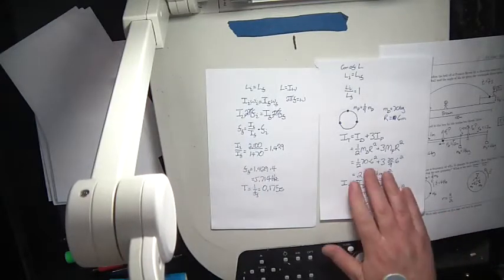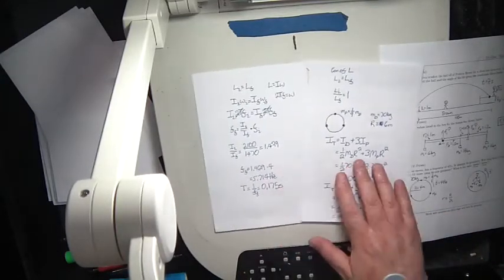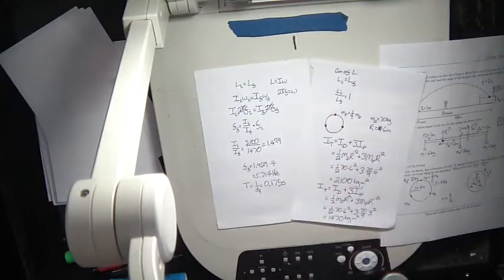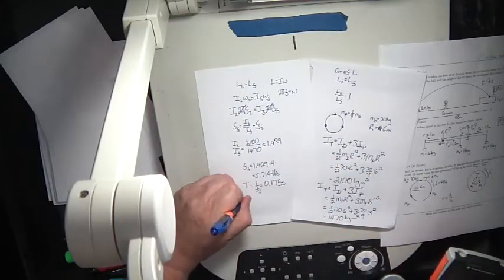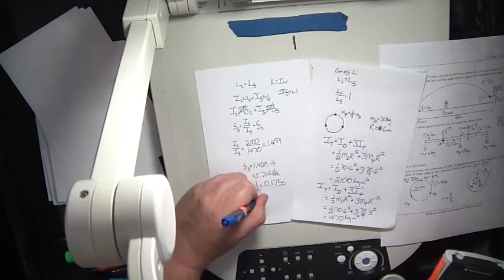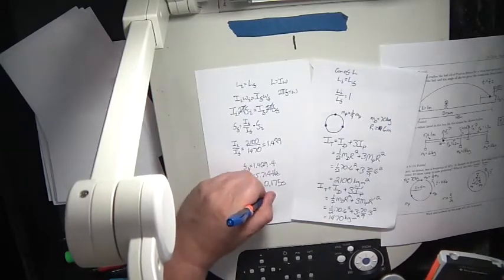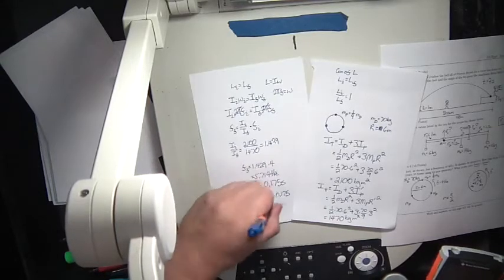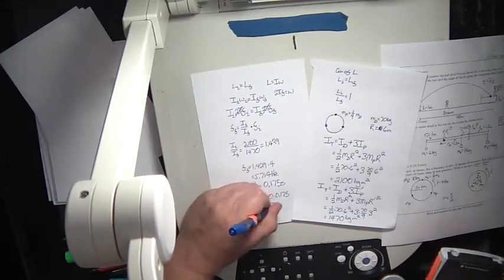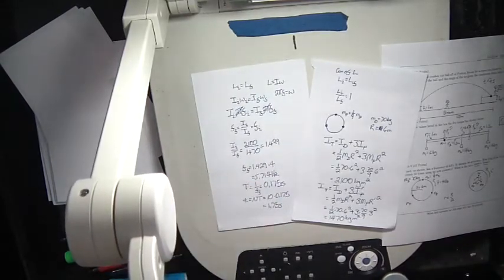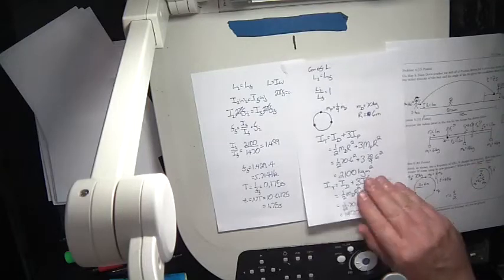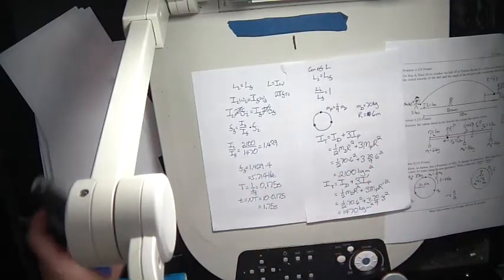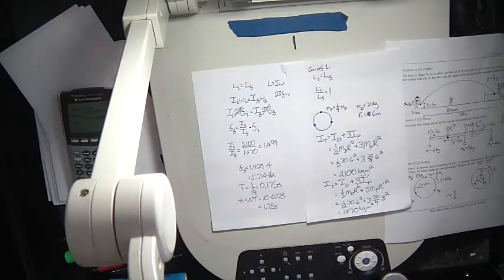The question asks, how long will it take to rotate 10 times? Total time is the number of rotations times the period, so 10 times 0.175 or 1.75 seconds. And that's the answer. So something like this is related to playground physics.